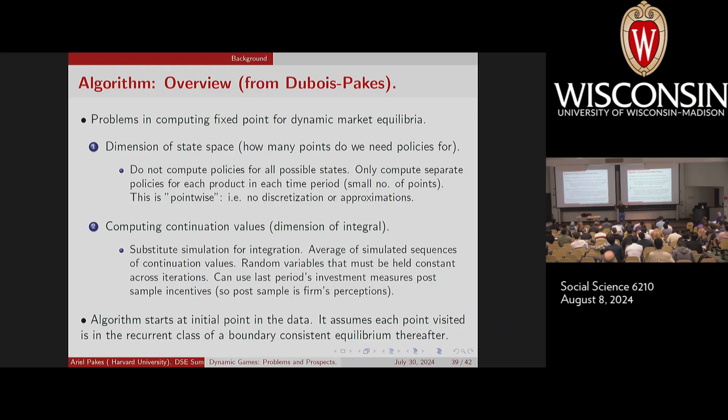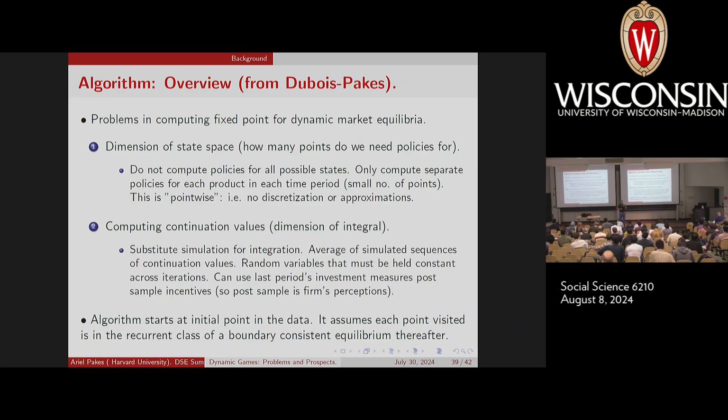Okay? So instead of, you know, there's 25 drugs in the market, and maybe there's about 5 or 6 state variables for every firm. So instead of computing equilibrium for 125 variables, where each one takes on 30 states, which is virtually impossible, I'm going to compute for 37 periods in the data.